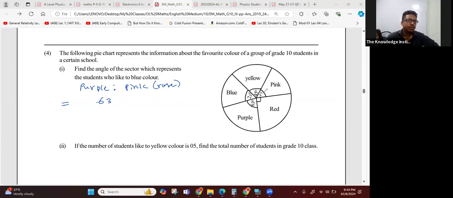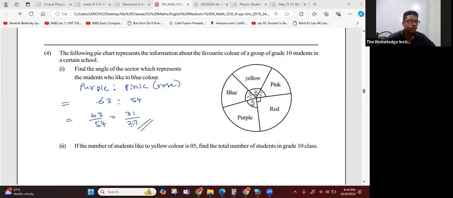So here the pink angle is 54. Therefore 63 over 54, both can be divided by 9. So 63 divided by 9 is 7. 54 divided by 9 is 6.